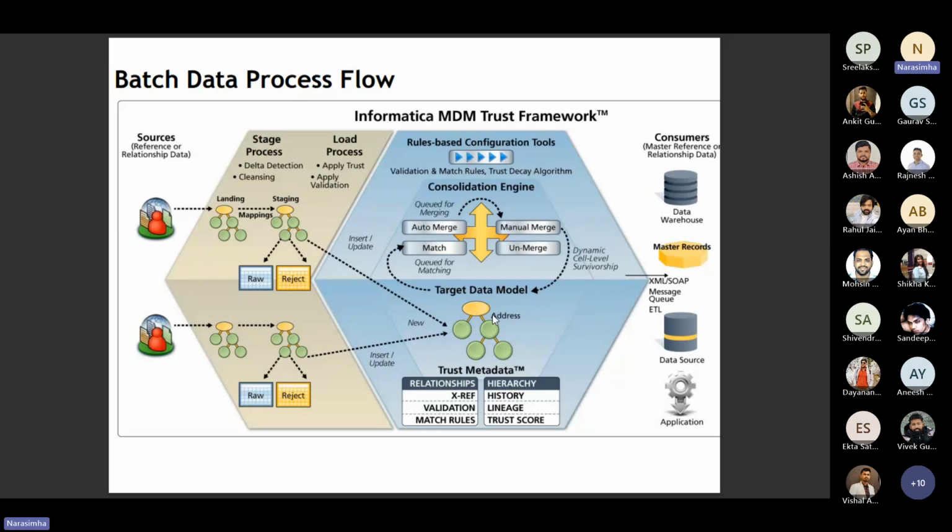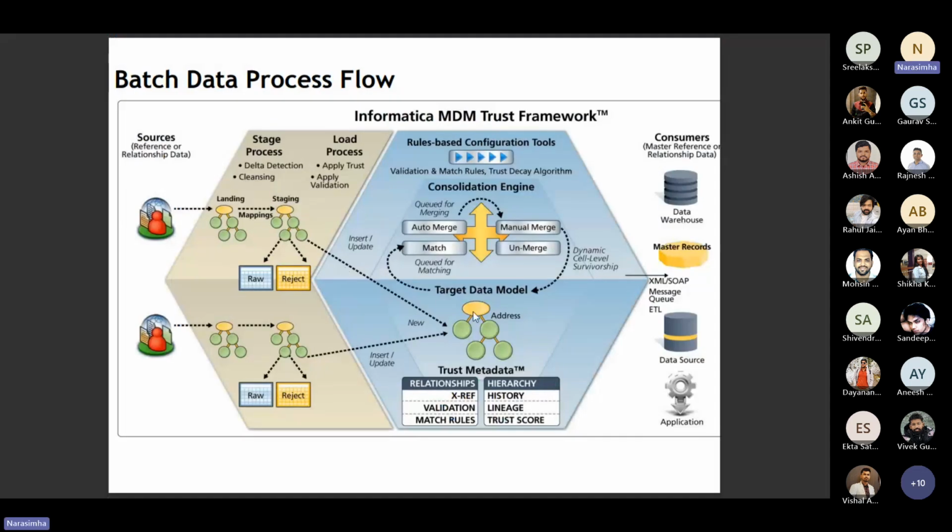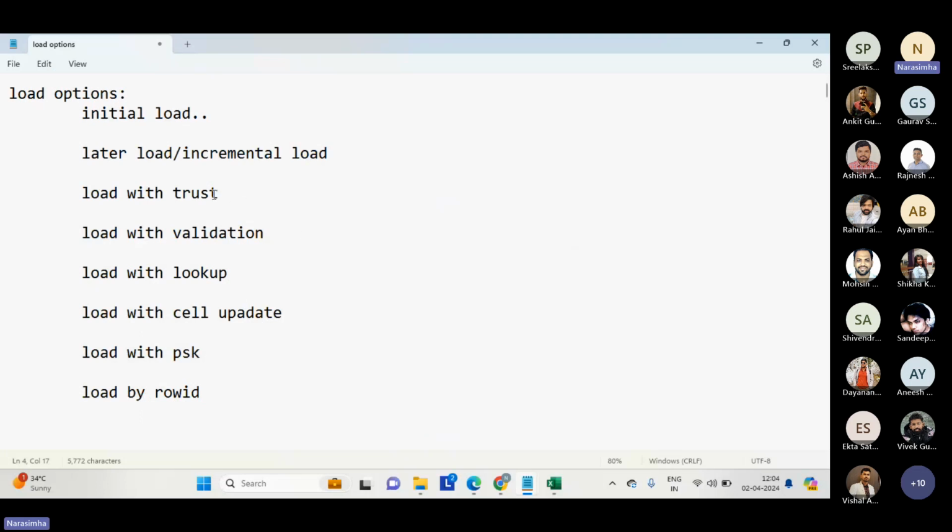It's a first-time load. Later load or incremental load is the second time. If you already have data here, then the incremental part comes in. Wherever there is a change, it will be updated, or if it is new data, it will be inserted. So that's the incremental part.